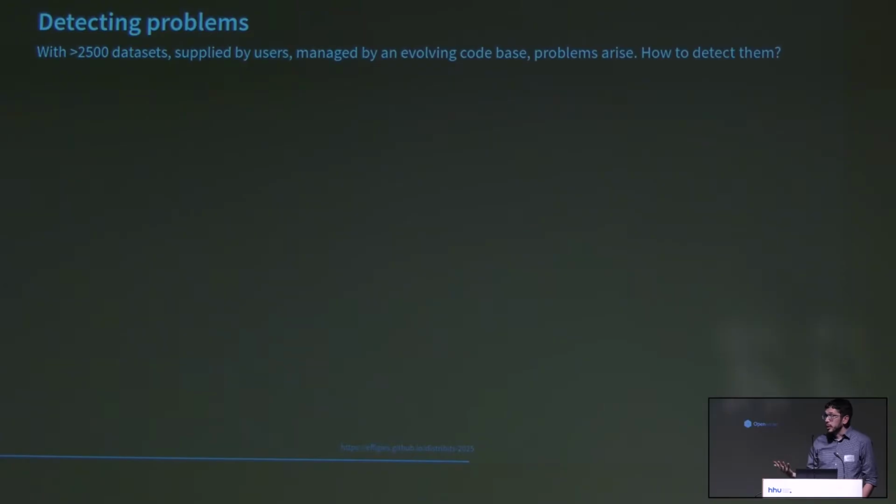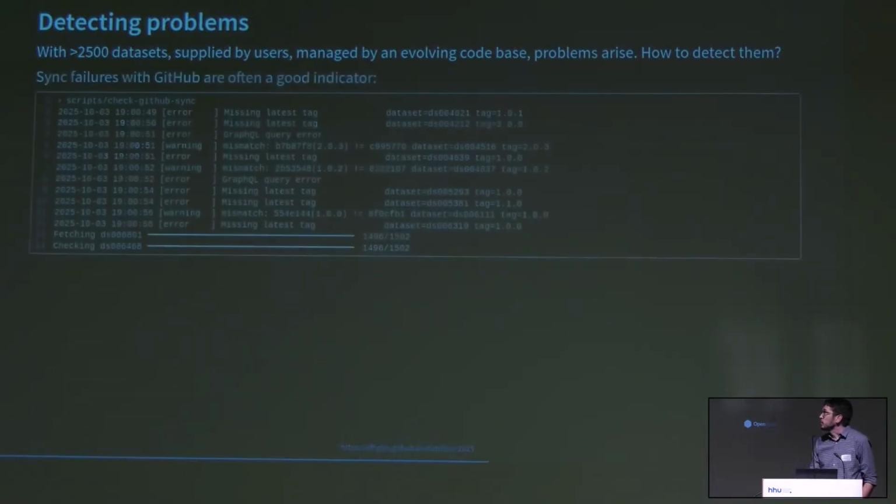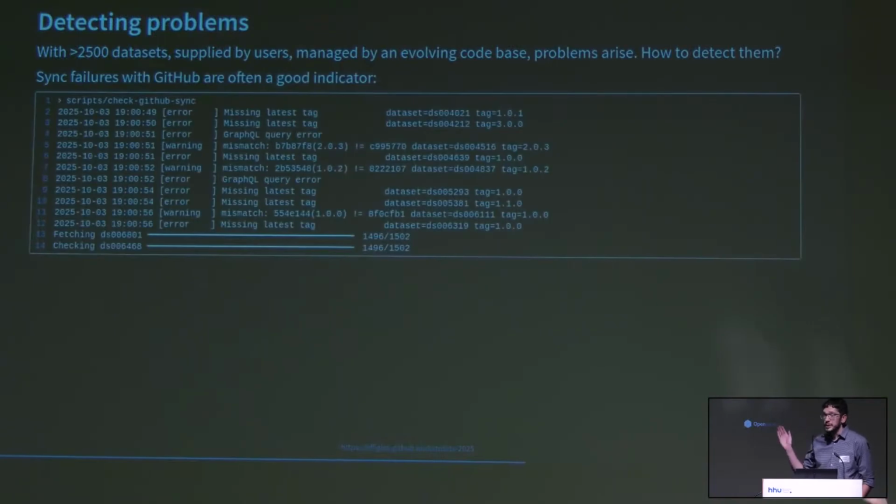So what sorts of problems do we run into? With over 2,500 total datasets supplied by users, managed by an evolving code base over about 8 years, problems do come up, and we may not find out about them for a bit. The main way we found to detect problems is to check the GitHub mirror. When you create a new snapshot, it tries to get a DOI.